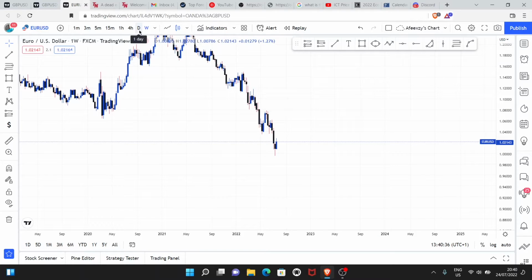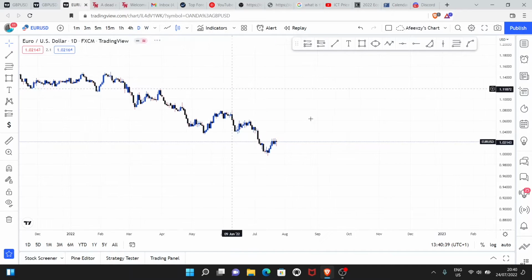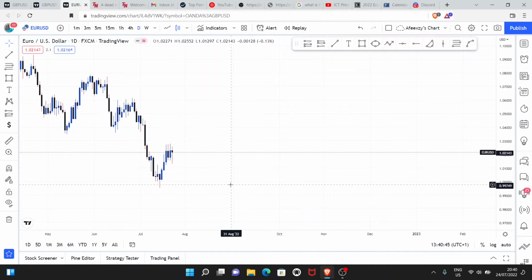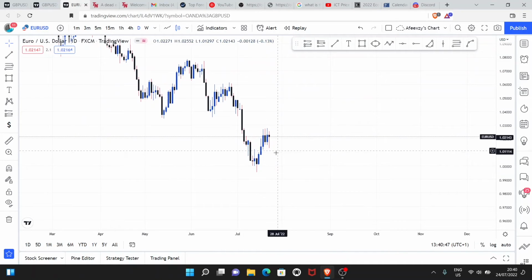Then on the daily time frame, also nothing really much. Nothing happening. So let's go to the 4 hour time frame.